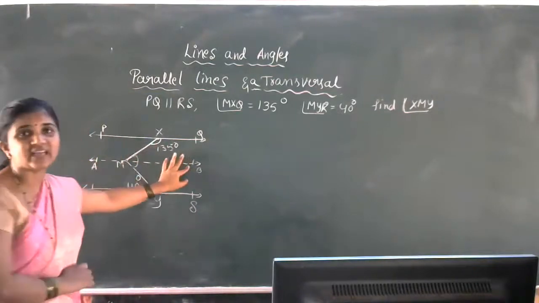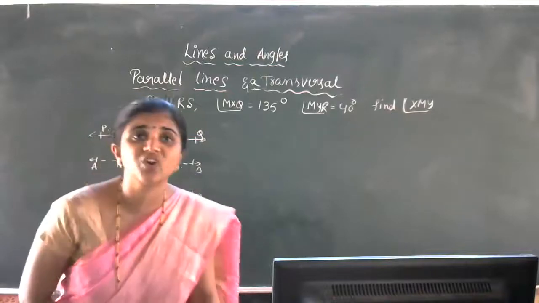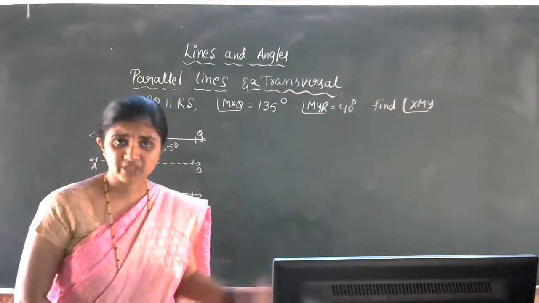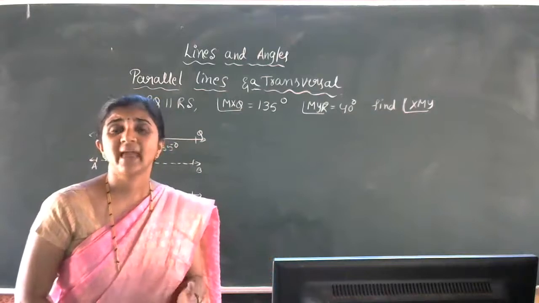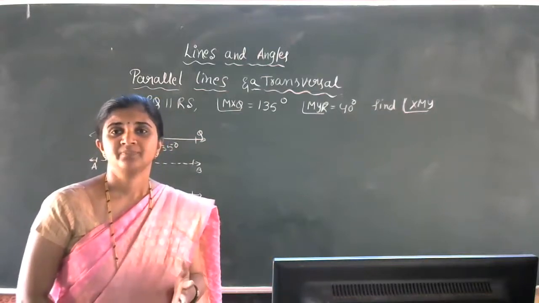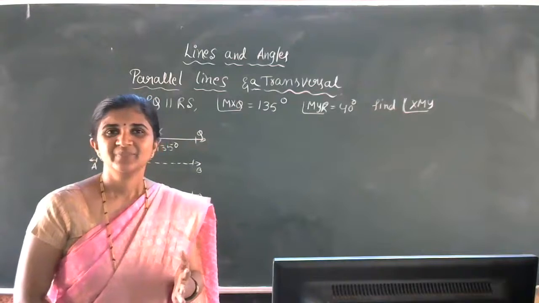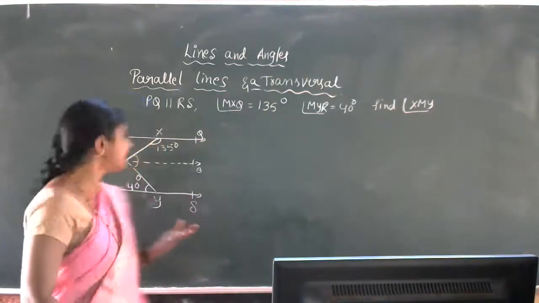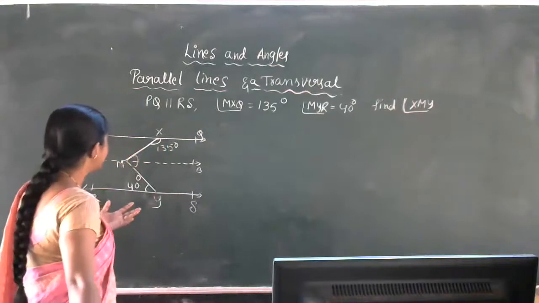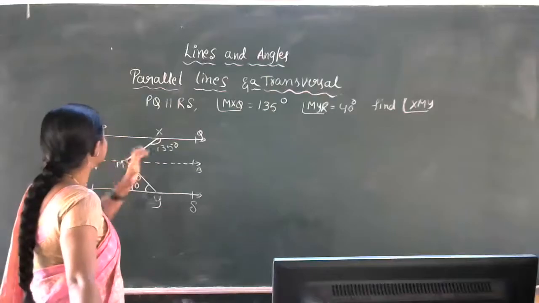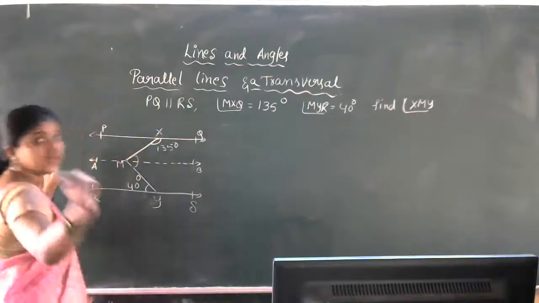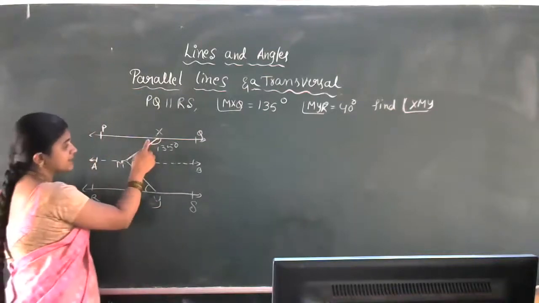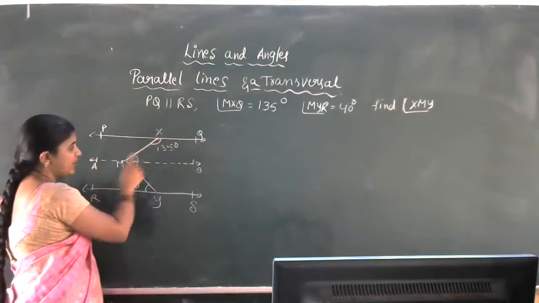First we will concentrate on XMB. How to find out XMB? Which concepts are we going to use here? Can you tell me first? Yeah, linear pair. How can we use linear pair? Some students use the trick of finding this angle using linear pair and then getting the alternate angle.